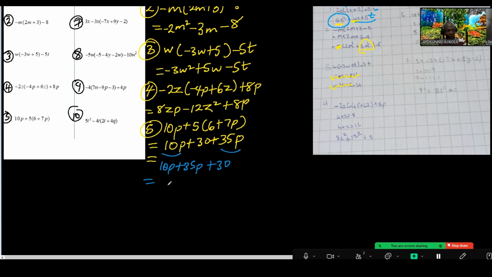Still thinking? 10 pencils plus 35 pencils. 45p.